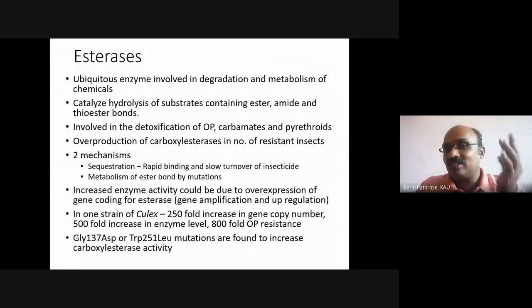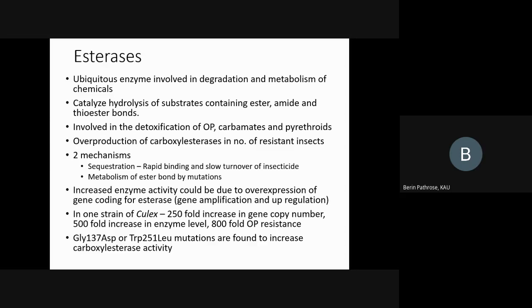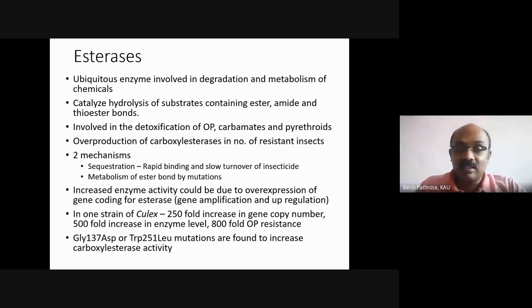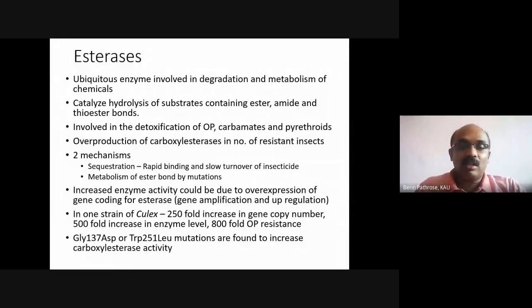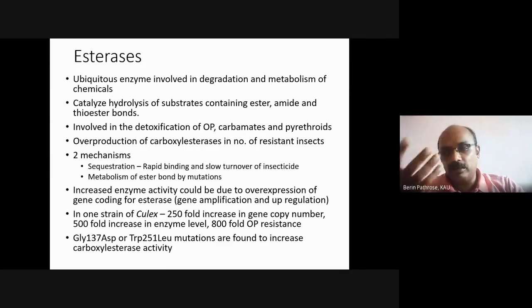So this enzyme can detoxify pyrethroids, OP compounds, as well as carbamates, because these three groups have ester bonds. And most of the resistant insects have higher levels of esterase enzyme. They overproduce the esterase.